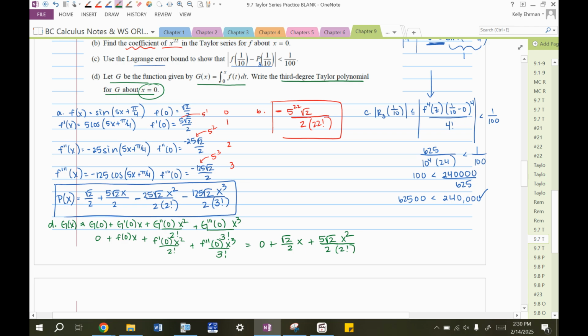F triple prime was, wait, did I skip double prime? Oh, yeah. Not triple. Double prime was minus 25 radical 2 over 2 times x cubed over 3 factorial. That is our G.